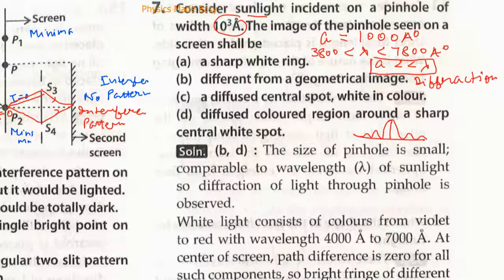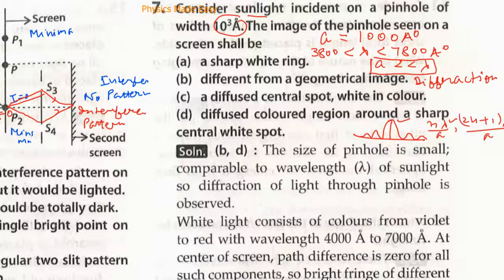Now why will there be diffuse color? Because the condition of minima is this, dependent upon lambda, and that for maxima is this, which is again dependent upon lambda. So due to this lambda factor, particularly, these lambda factors are relevant in all other maximas and minimas except the central maxima.